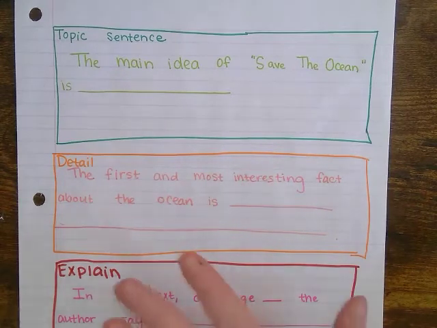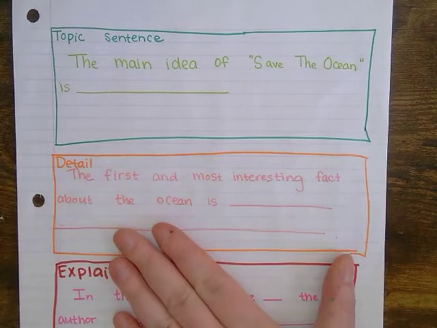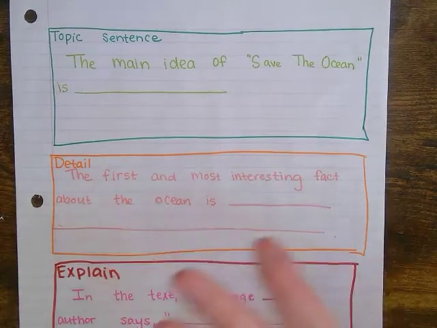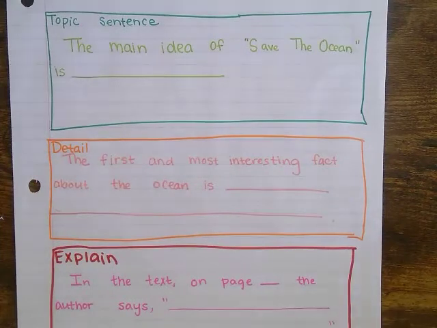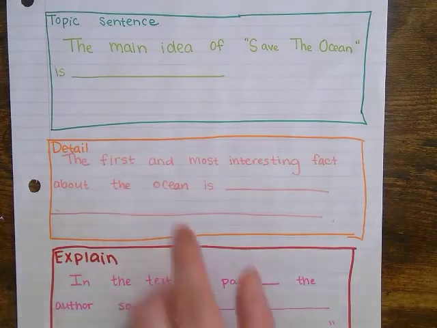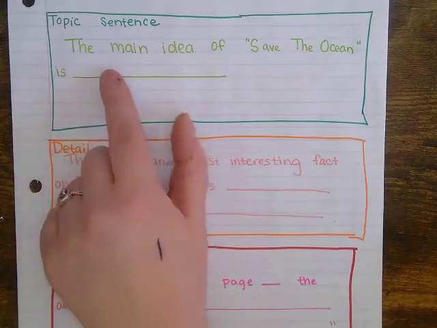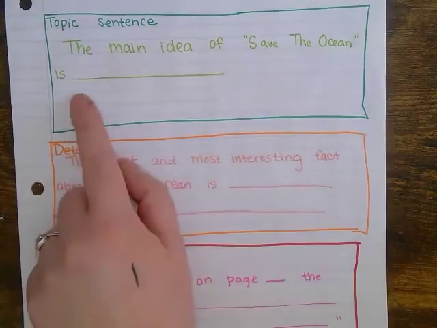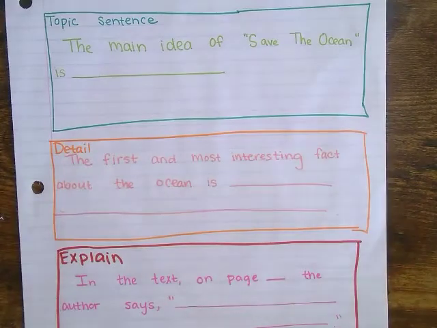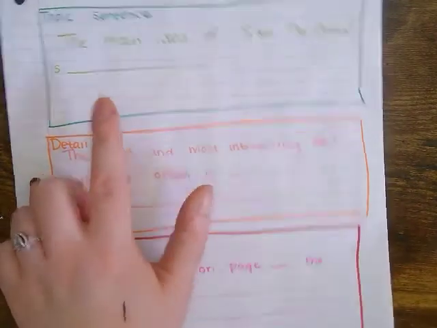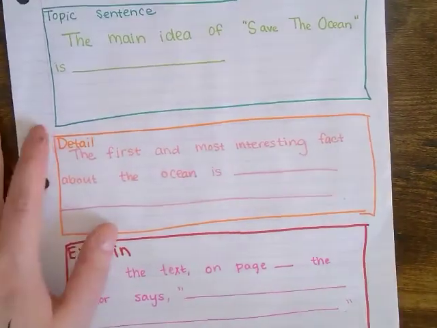So if you haven't yet made one of these planners for yourself, you can go back and look at last week's video, or you could just kind of copy what you see here, pause your video, and create a plan for your own paragraph. So the topic sentence, I said, the main idea of Save the Ocean is, okay? And now that I'm looking back at this sentence, I'm realizing that's kind of a boring way to start my paragraph.